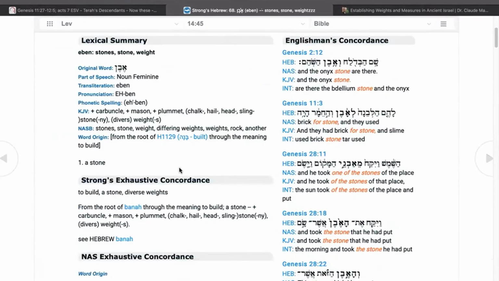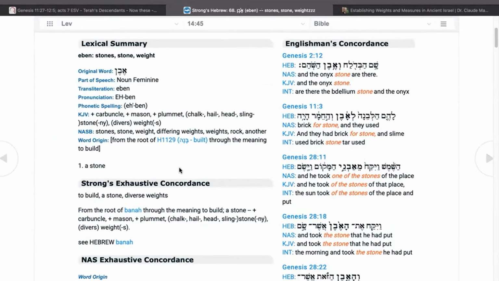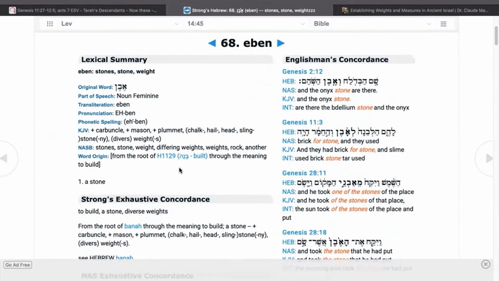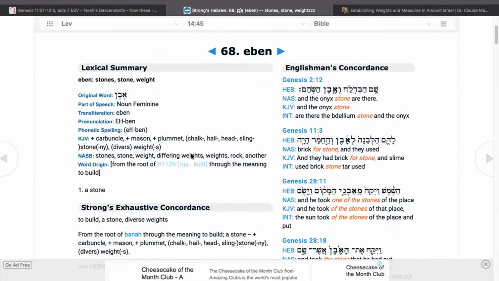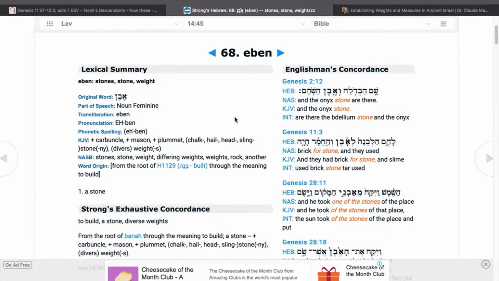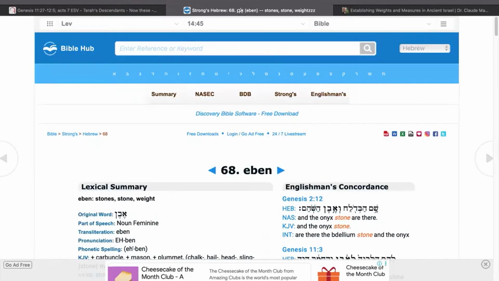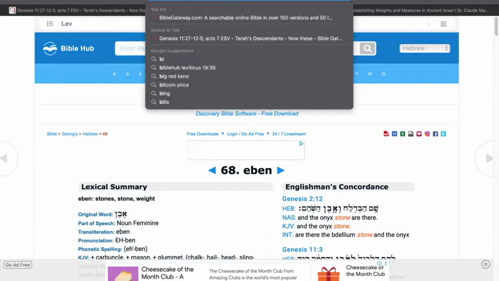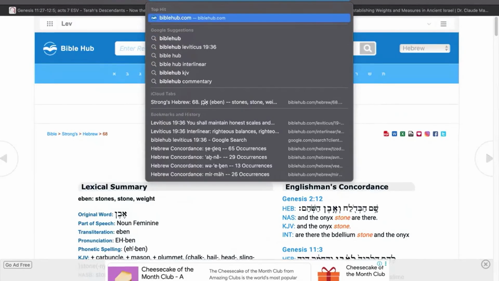So really, the way that it can be said is have a just stone. A just stone. Let's look at Proverbs chapter 11, verse 1.